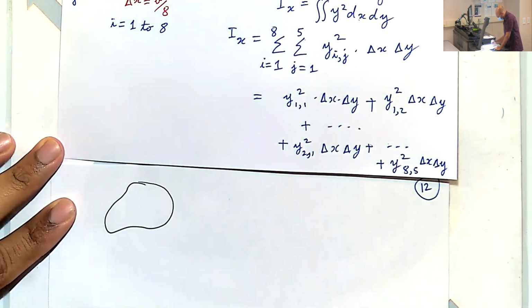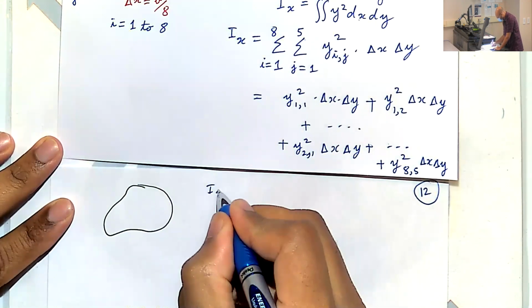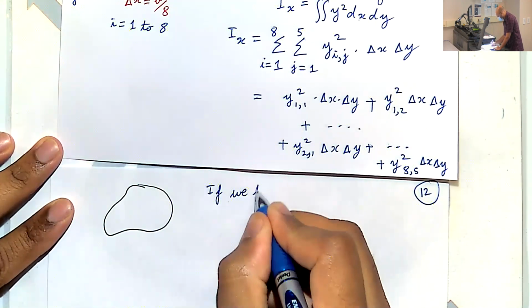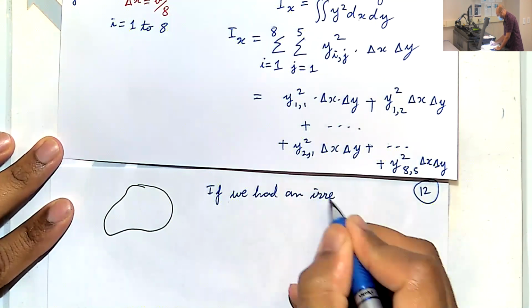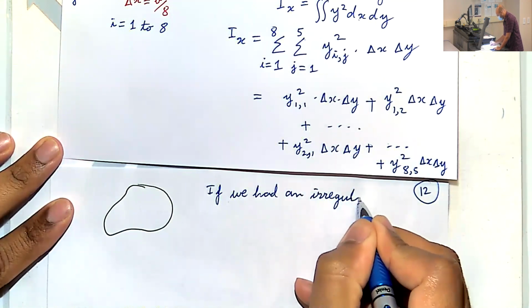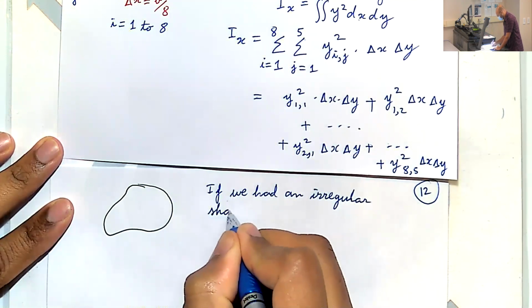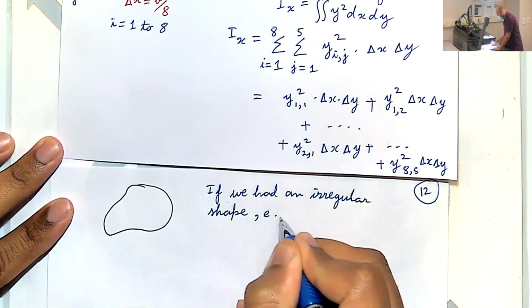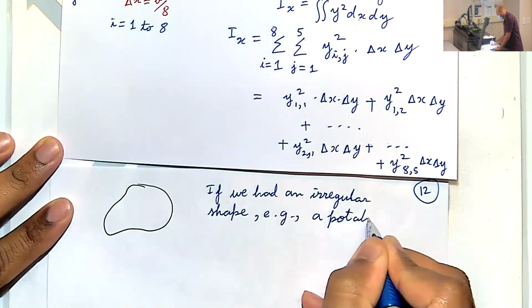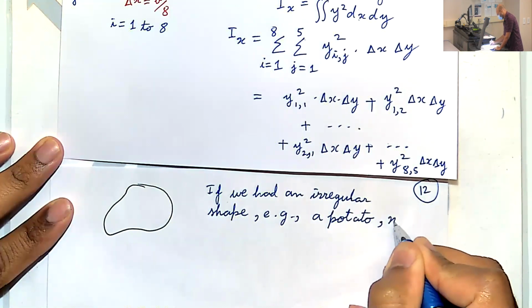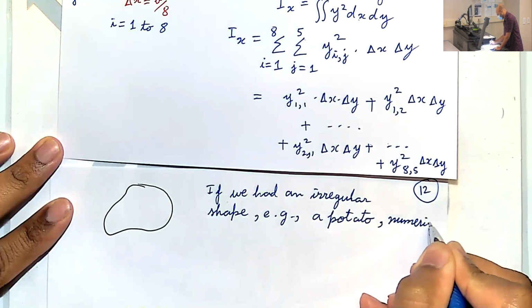So if we had an irregular shape, a potato, numerical integration is the only way.